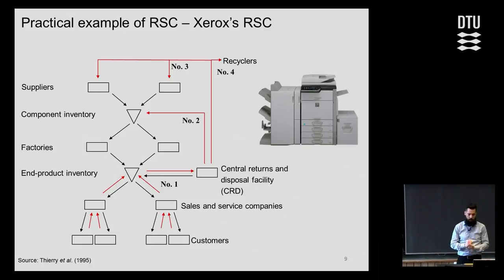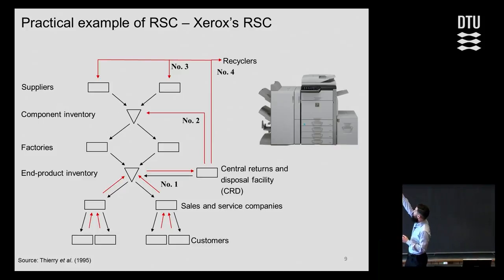When a sales and service company has sold a product, they get that product from the end product inventory and ship it out to the customer. That's the forward supply chain. When a customer is finished using the copy machine, the firm takes back the copy machine, places it again at the end product inventory, and then ships it to a central returns and disposal facility. That's this one.